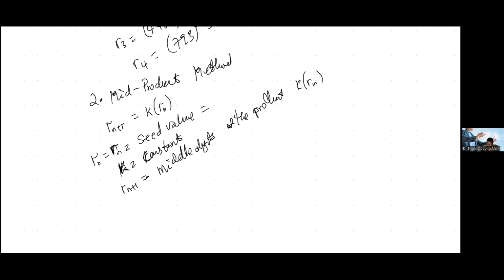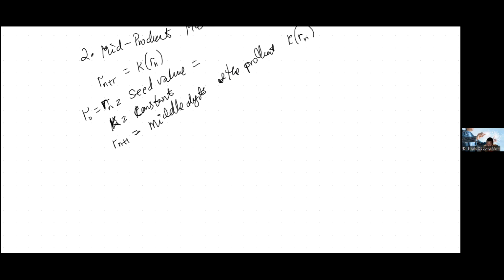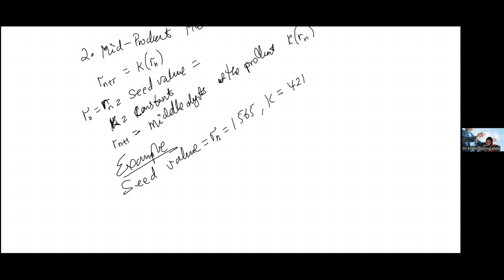If we take an example, and we say the seed value, which is Rn, is 1565, and K is 4213, then R1 is KRn, which is 4213 by 1565.